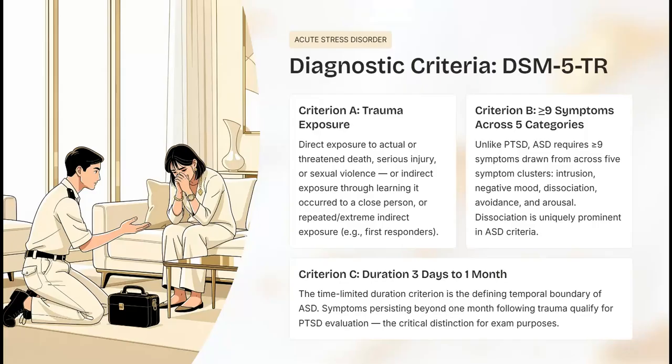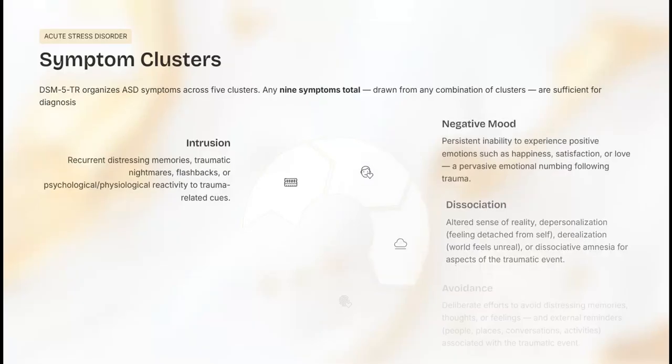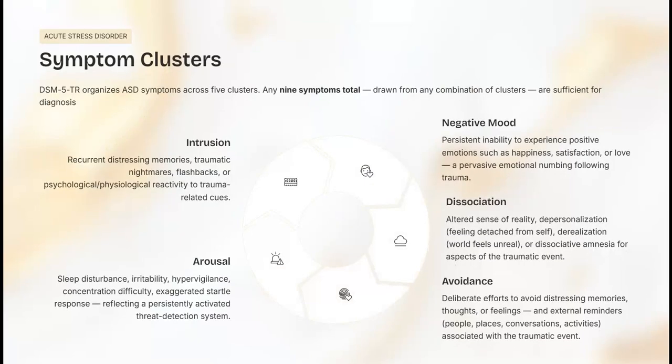So let's talk about some of those categories that I mentioned. Remember, acute stress disorder requires 9 symptoms drawn from any combination of clusters for that diagnosis. It's more flexible than PTSD, but you have to go through the categories.